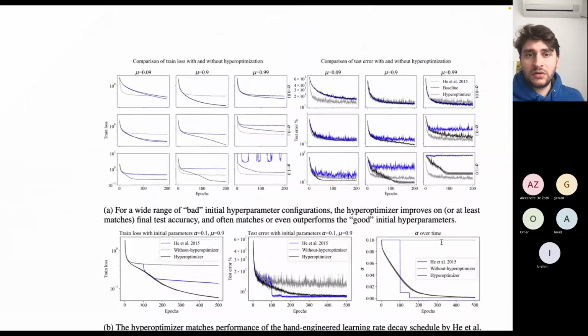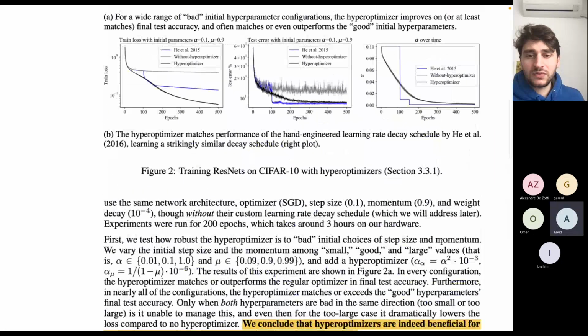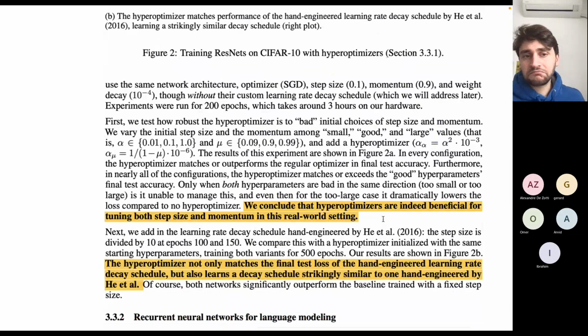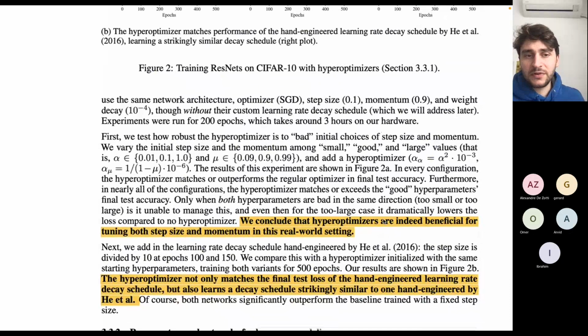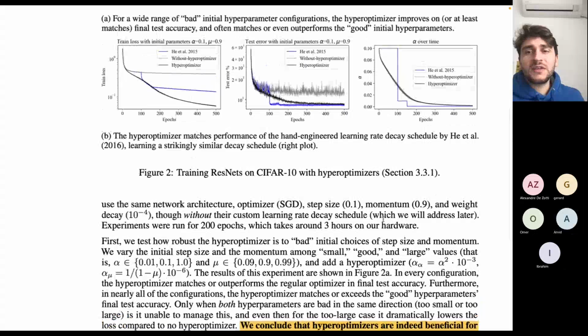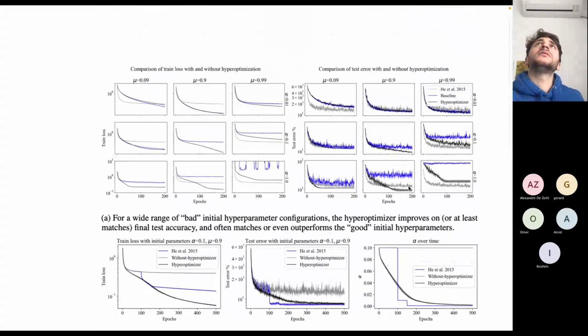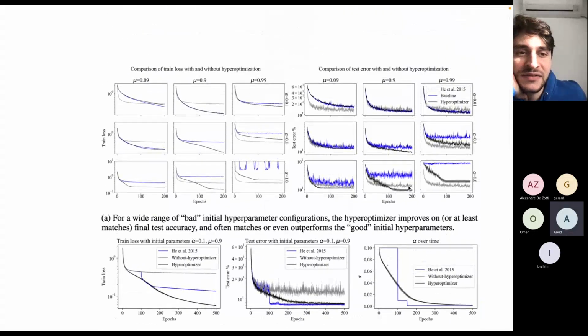Here are the results. We'll just read. Again, they see better performance, but when they say better performance, they mean it's less sensitive to the hyperparameters that you chose. So here are the hyperparameters, like the step size or learning rate that they chose.